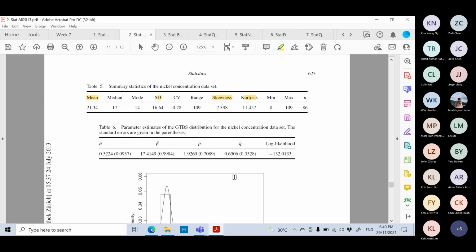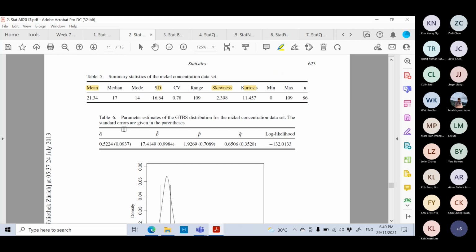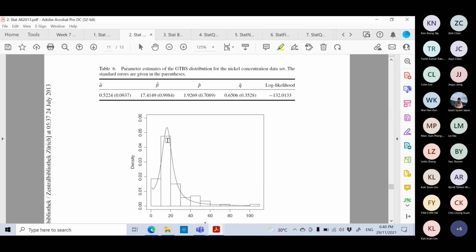In this paper they also produce the histogram, and you can observe that the GTBS fits quite well. It's a positively skewed distribution consisting of four parameters.